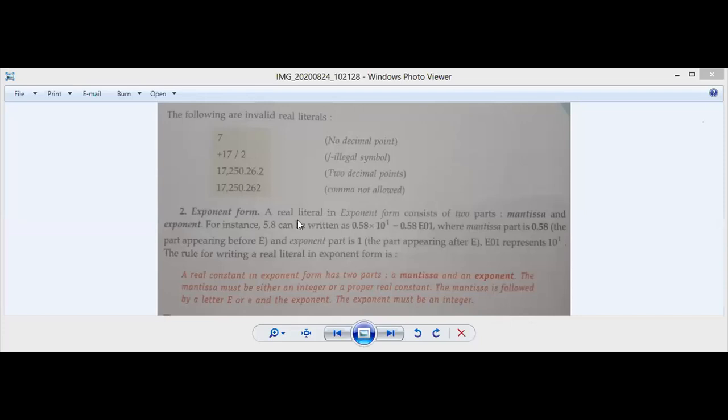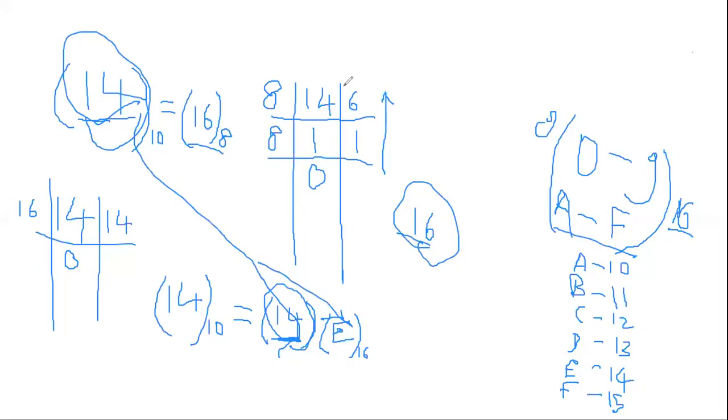Then the exponent form. Let me explain it. It has two parts, mantissa and exponent. I am going to share a whiteboard screen with you. Can you now see the whiteboard?